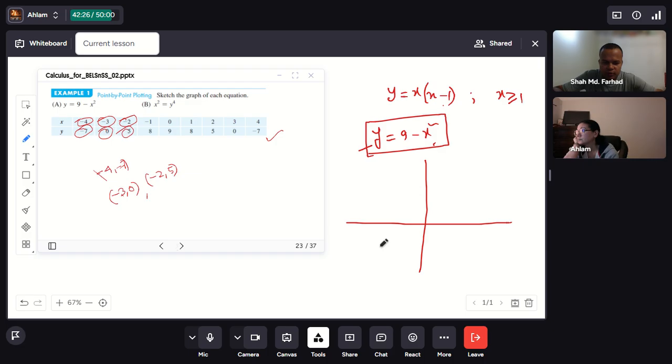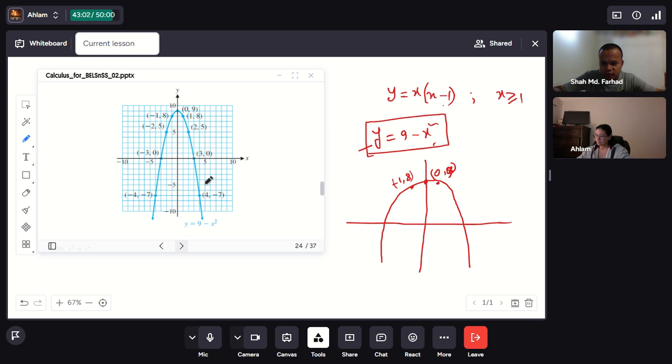For x equals 0, we have 9, so the point is 0, 9. And then for 1, we have 8, and for -1, we have 8 here. The graph of the function is just like this.